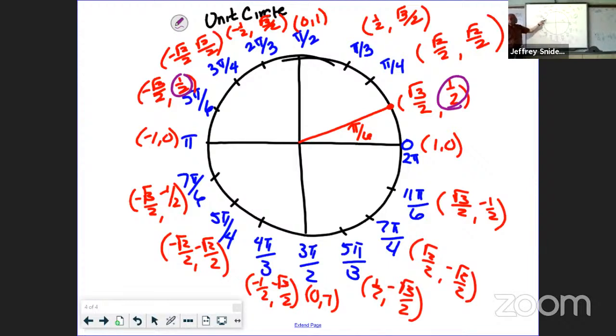And here, this would be the sine of 5 pi over 6 is 1/2. Is the sine 1/2 every single time I have a pi over 6 of some type? Is it always positive 1/2? Every time I have a 6 in the denominator, is the sine positive 1/2? No, it's not, is it? This is a negative 1/2 and this is a negative 1/2, right?